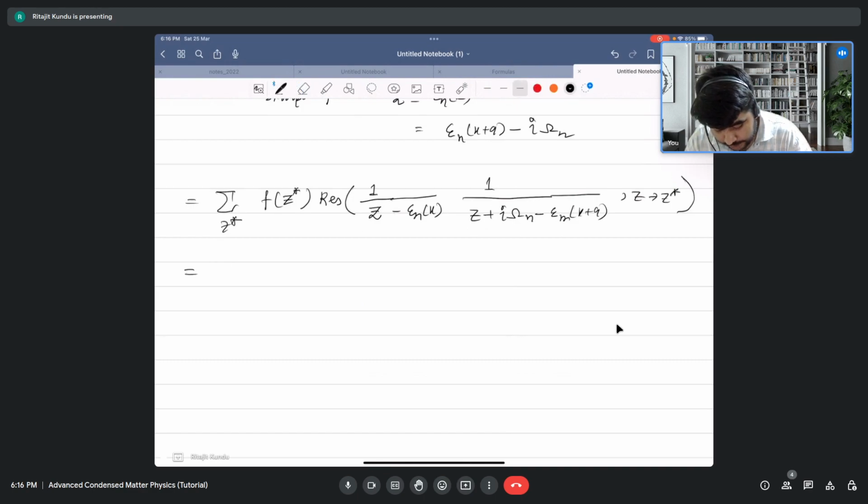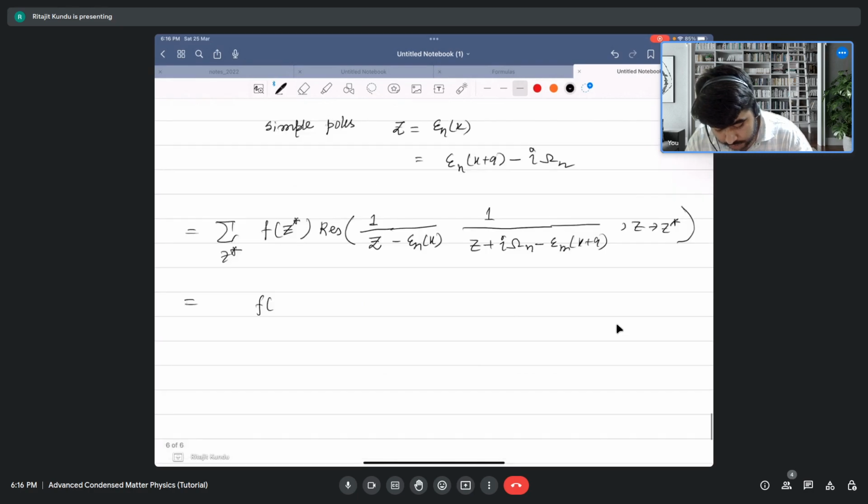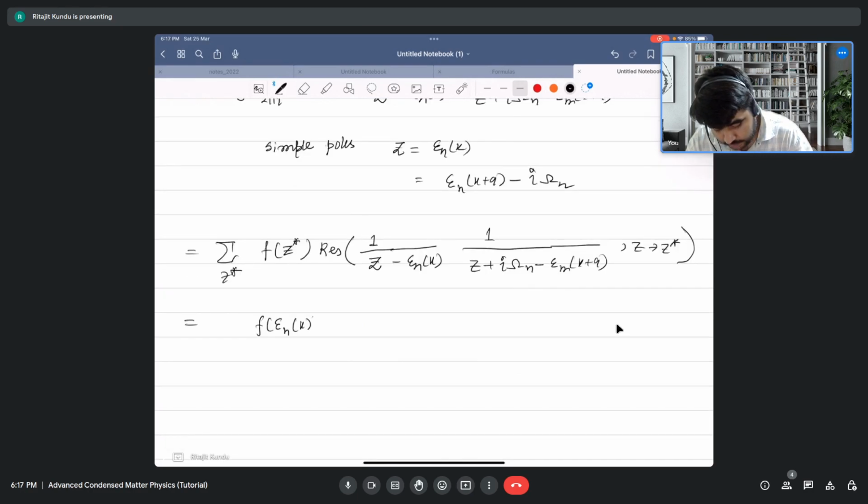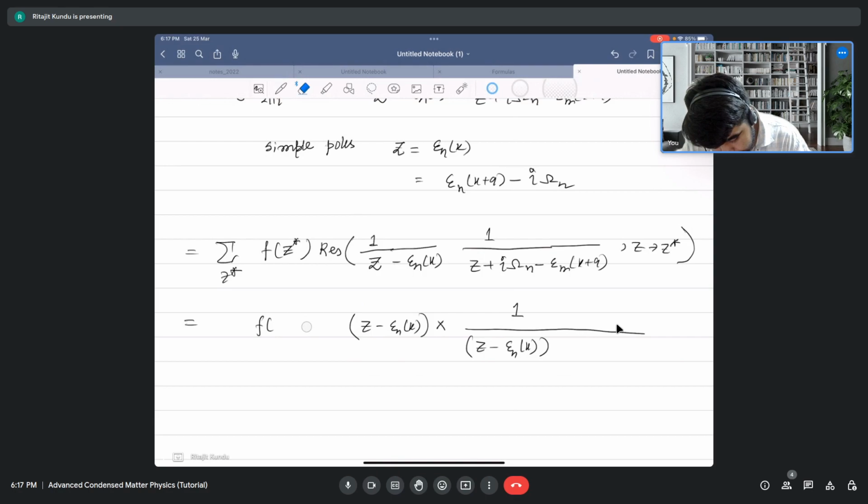So for the first residue, we will have f of En of k. Then we will also have to multiply with z minus En of k, that is what we do for a simple pole, and then multiply this with 1 by z minus En k. Let's first write it like this so that each step is clear. Then downstairs we have z plus I omega n minus epsilon m k plus q.